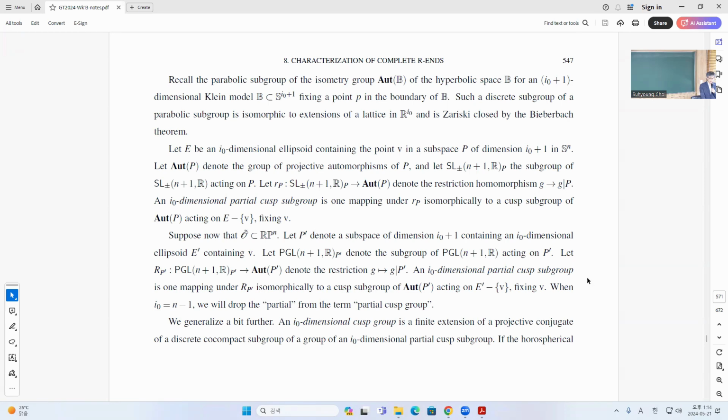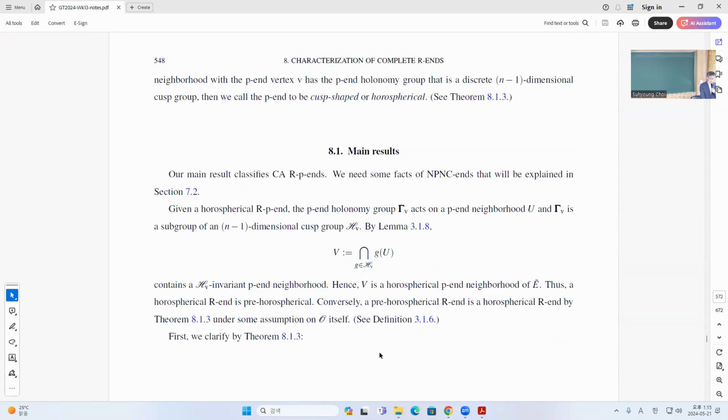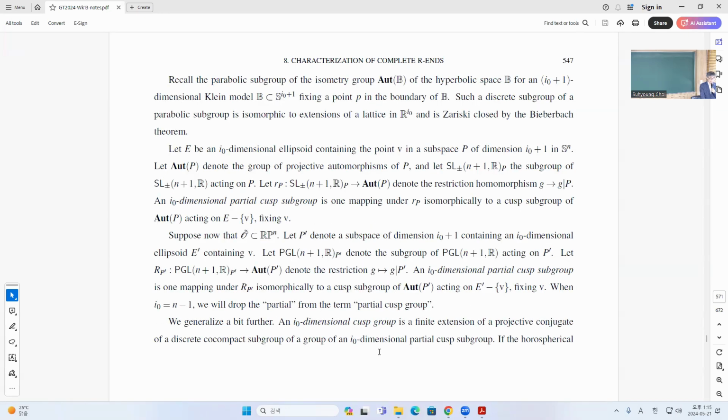So the i zero-dimensional partial cusp group is one that goes to the cusp group in here. When i0 is n minus 1, then we of course drop the word partial from the partial cusp group because it's the full group. We can also take any finite extension of such groups. So that's fine, to be the partial cusp group.